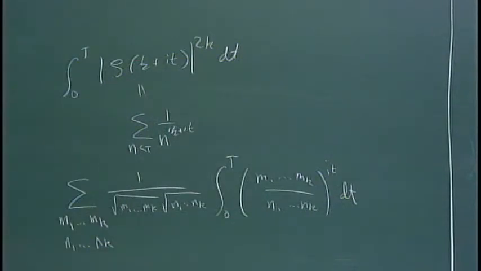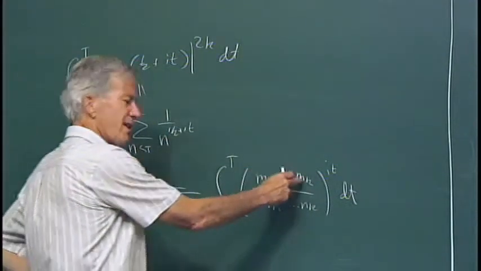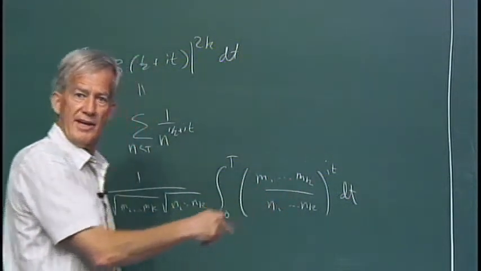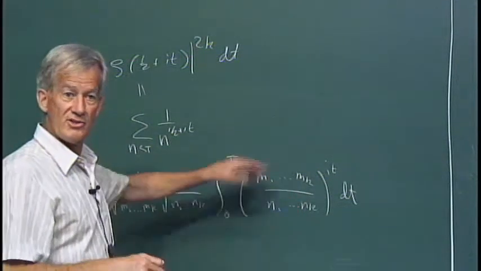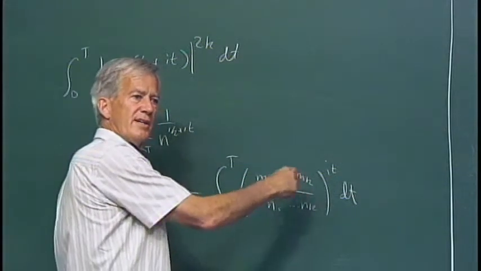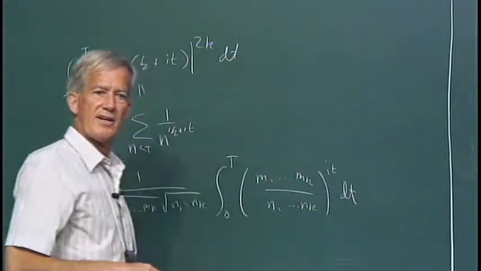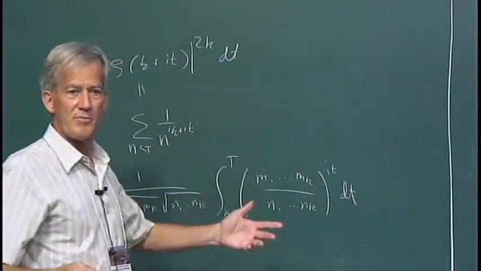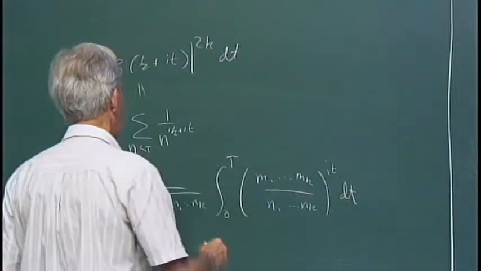Okay? Now, if the product of the m's equals the product of the n's, then you just have a 1 here, and so you get an answer of t. And if it doesn't equal 1, then it's spinning around, and you're going to get something that might potentially be smaller.